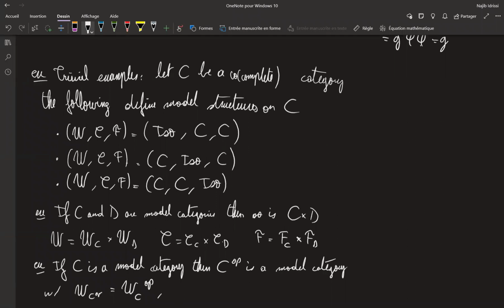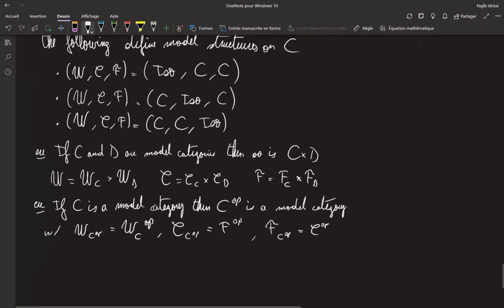Of course, they are reversed. For cofibrations, you take fibrations, but reversed. And for fibrations, you take cofibrations, but reversed. Right? You have to invert fibrations and cofibrations. Because if you look at, for example, a diagram like this, in the opposite category, it becomes something like this, right?